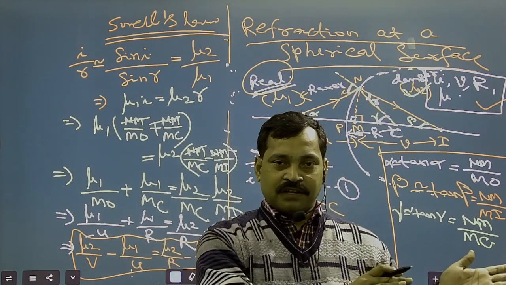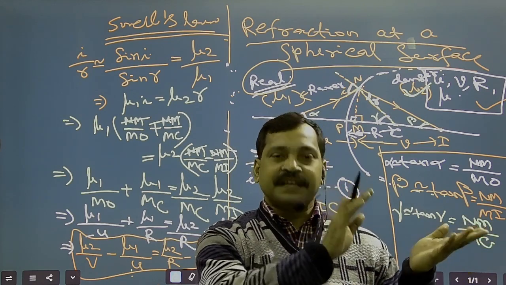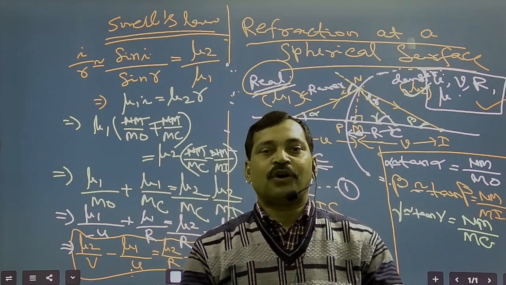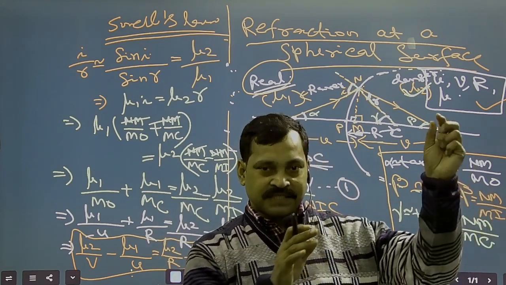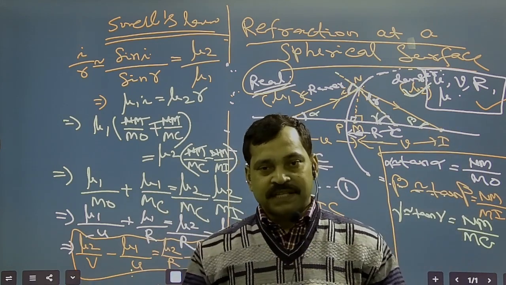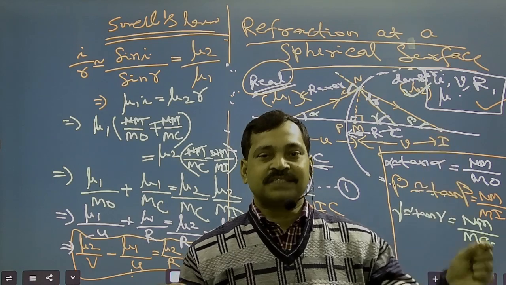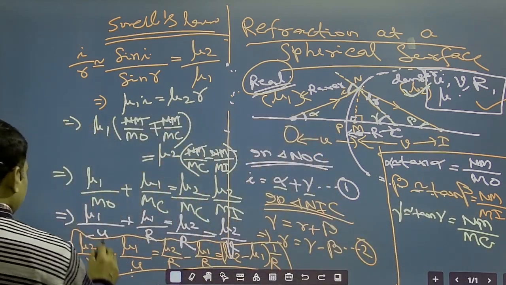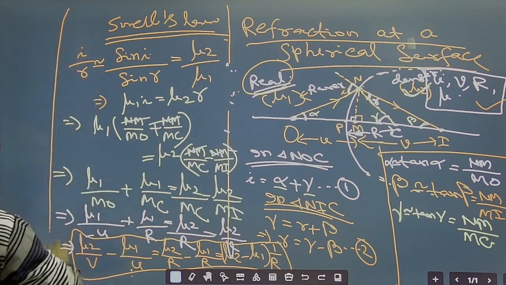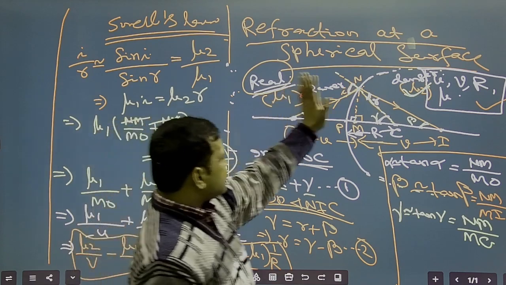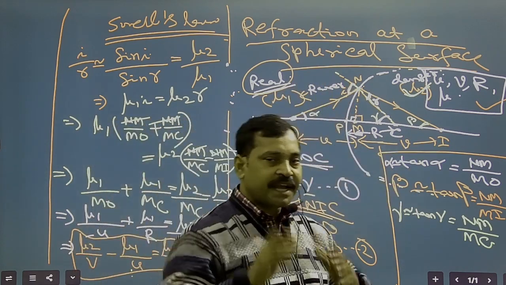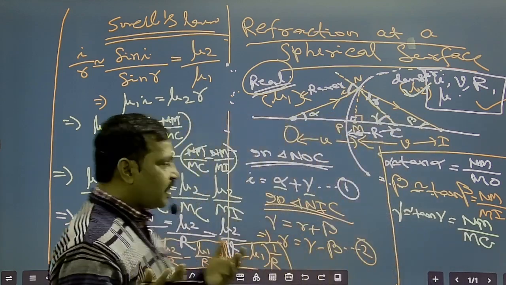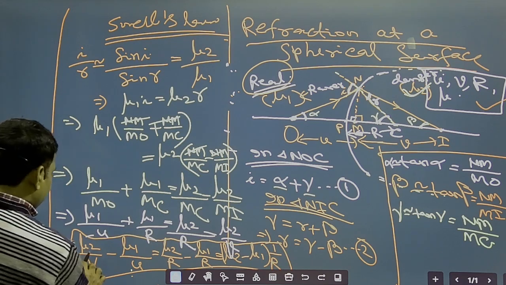That will be for the real image, that will be for the virtual image, or the ray of light passing from rarer medium to denser medium, or similarly denser to rarer medium. So here you have to observe one thing: if the ray is moving from denser to rarer medium, then we can derive the relation with slight changes.